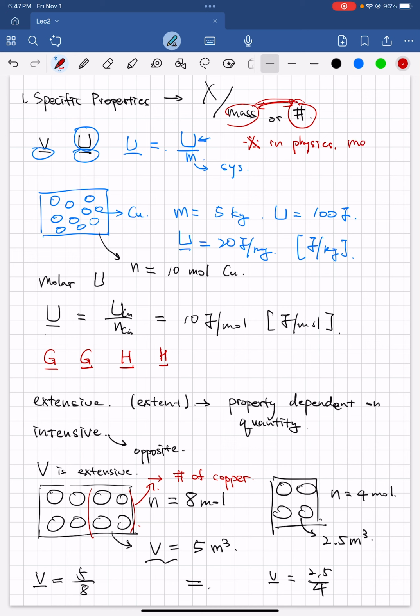Mass is just another expression of quantity. They are both an expression of quantity. So quantity can be expressed by the actual number of molecules or the mass of the total system. They are going to be proportional.